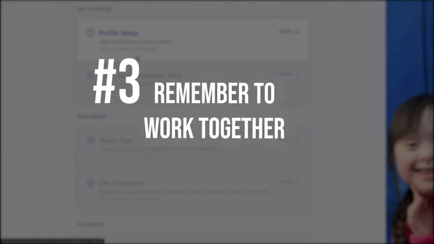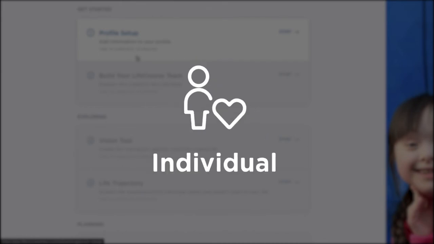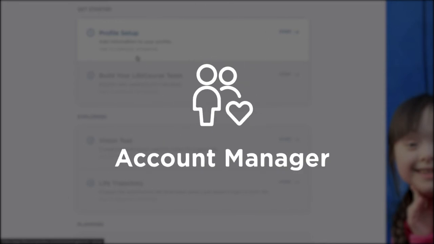Finally, it's so important to remember that these exercises are meant to be as collaborative as possible. When you first signed up for LifeCourse Online, you'll have been asked whether you're signing up as an individual, meaning you're signing up on behalf of yourself, or as an account manager, meaning you're signing up on behalf of someone you support.